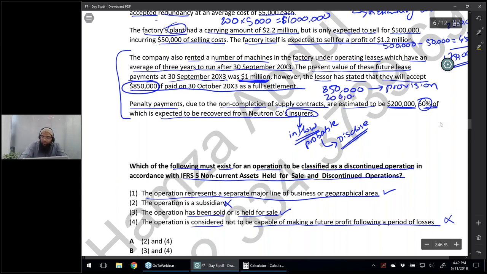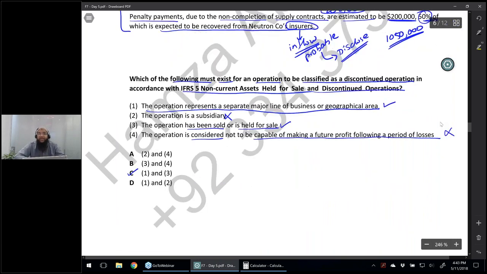So we are going to record a provision of the entire 200, not 50% of that. Any amount expected to be recovered from insurers is not relevant to us because that is only to be disclosed in the financial statements. That will not be recorded in the financial statements. So the sum of both the values is going to be 1,050,000. This is the amount of the provision that should be recorded. So let's go to the answer options, and your correct answer is actually C in this case.